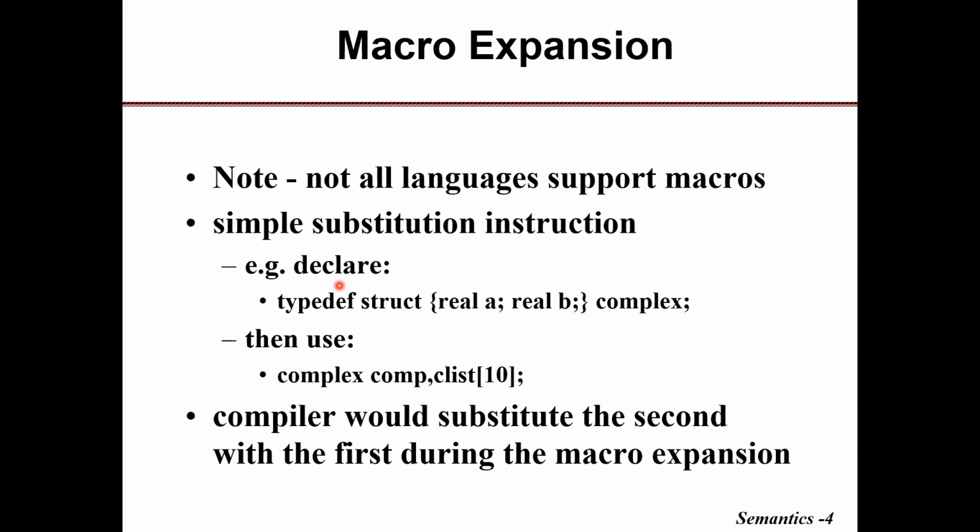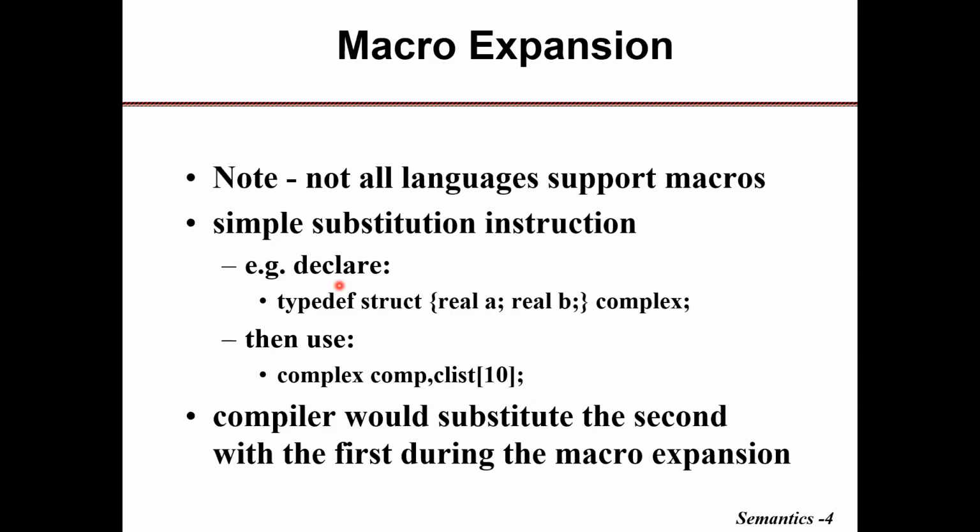One is comp, which is going to be a single instance of a complex type with a real A and a real B as members, and then an array of these complex types, CList, an array size of 10, each one having an A and a B, both of type real. Okay, so what that means then in the macro expansion, because that's what this typedef is, a macro, is the compiler's macro expansion built-in capability.